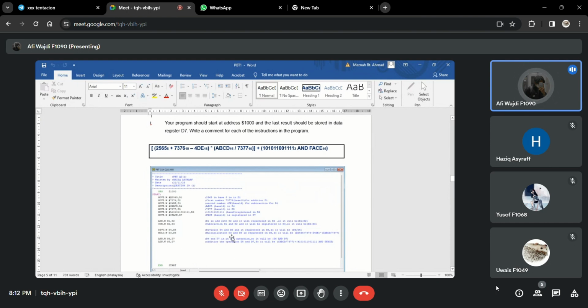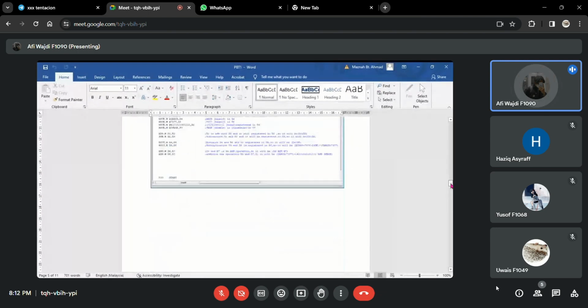Then add W D5 D7, which is addition of D5 and D7, so it will be hexadecimal ABCD divided by 7377, multiplied, plus binary 101011001111 and hexadecimal FACE. And it's going to end the program.